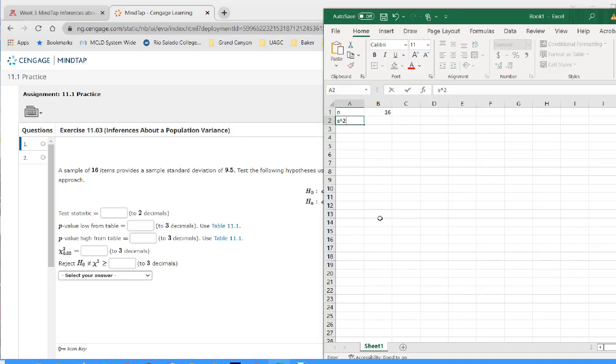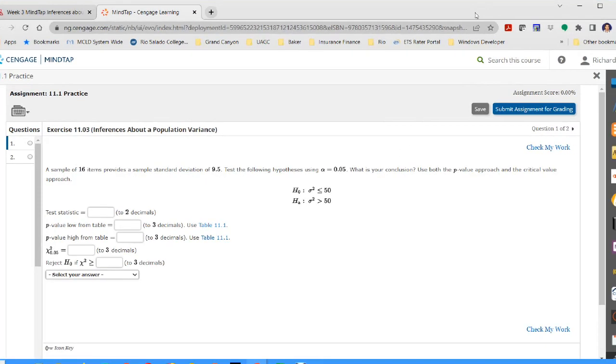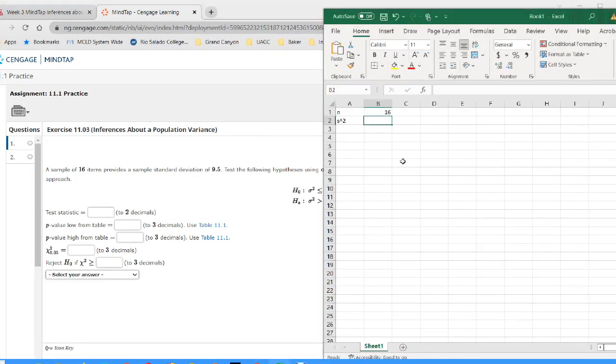So this is the sample variance, I'll call it S squared, and that's the variance from the sample. They tell us the sample standard deviation is 9.5, and so the variance is going to be the square of the standard deviation. So I'm going to just do equals 9.5 quantity squared to get the variance instead of the standard deviation. All right, 90.25.